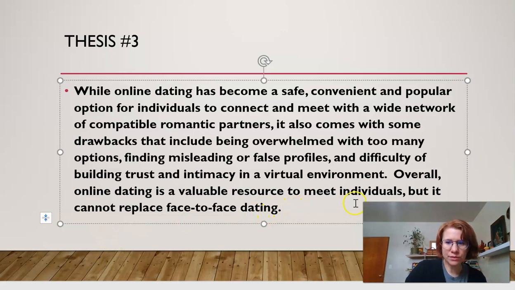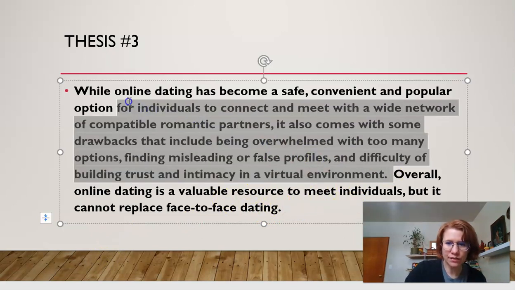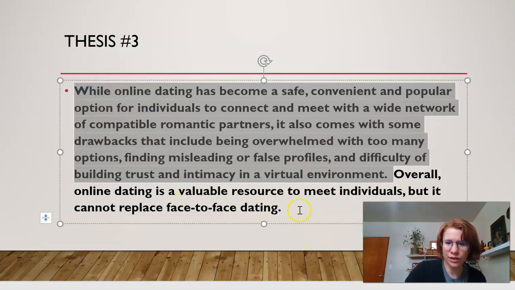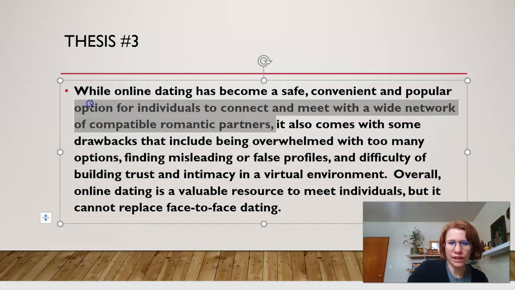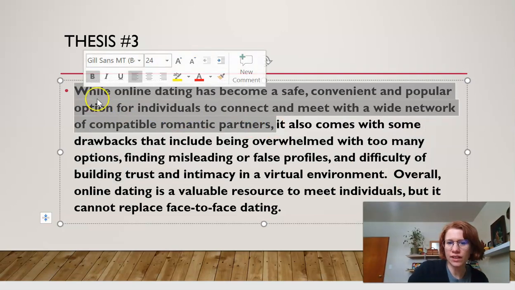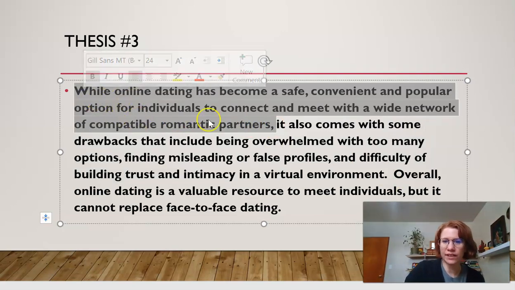Okay, so this one is doing a couple of different things. This is actually 2 sentences, one really long sentence and one shorter one. It's setting up a pros and cons kind of setup of the argument. So in this part, we have the positives, the benefits of online dating: safe, convenient, popular, lots of people, and they're compatible.